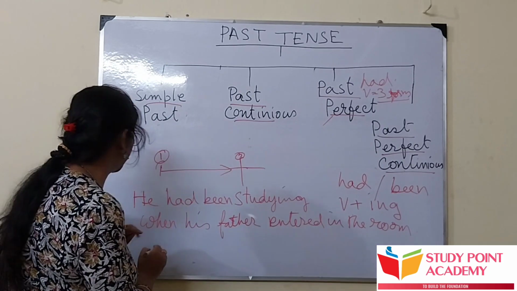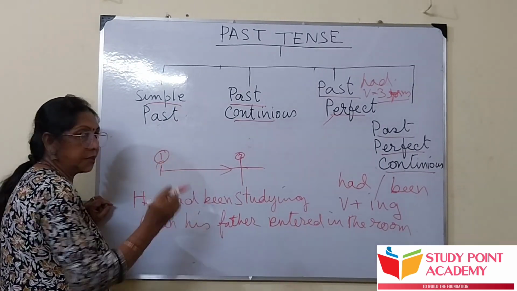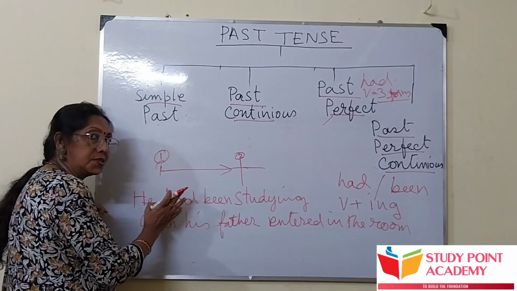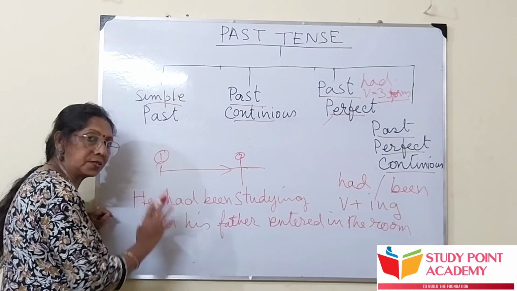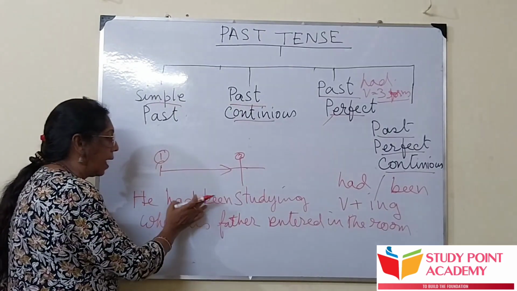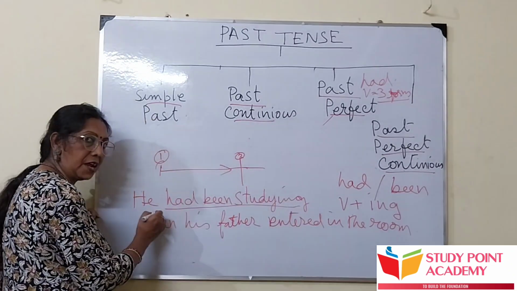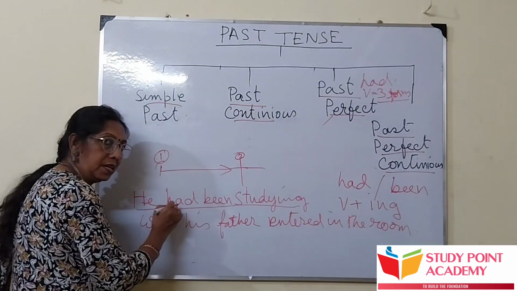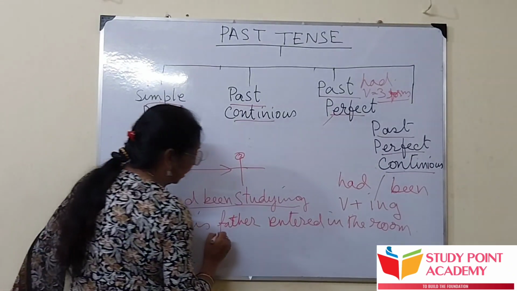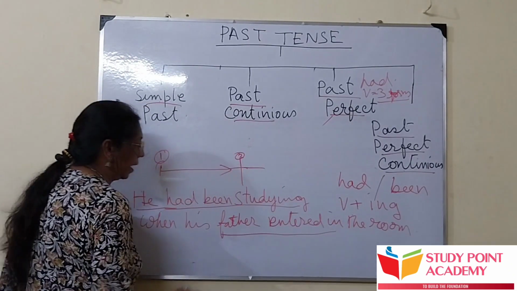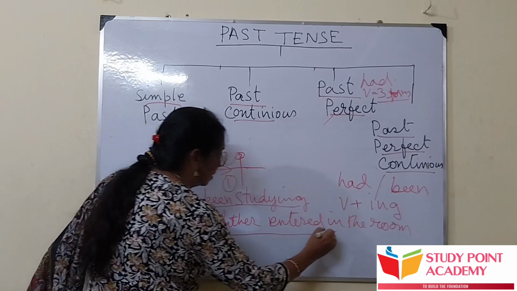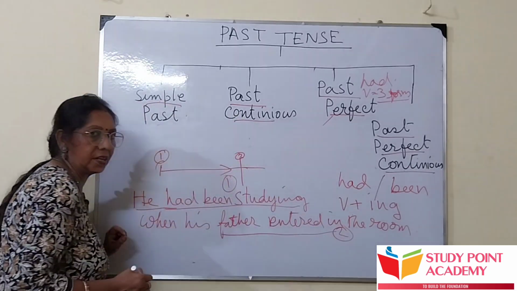He had been studying. The action which was going on, we add past perfect continuous there. While he was studying, his studies were going on, the second action happened: his father entered. So this is the first action, this is the second action.